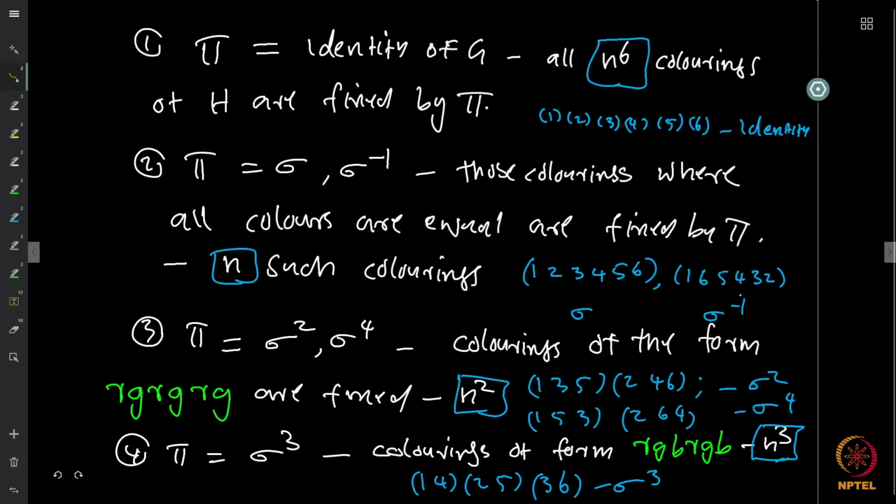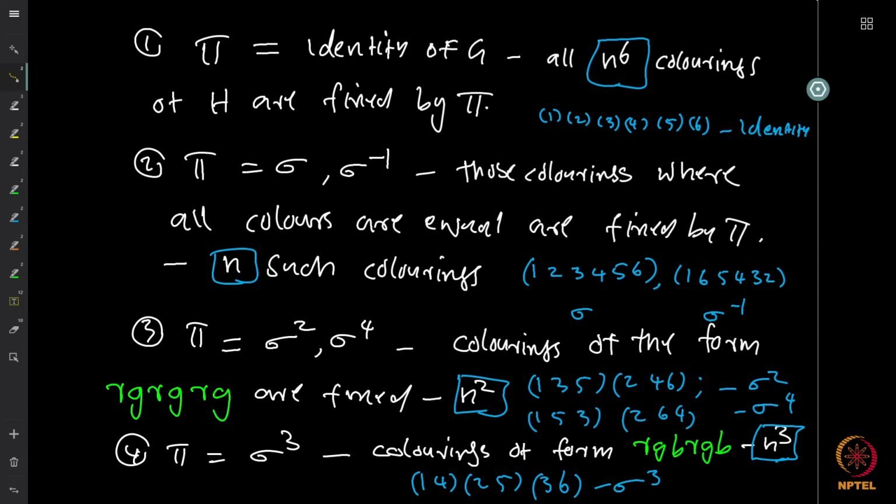For each permutation, you can verify that it is the case. For example, sigma square or sigma raised to 4: sigma square has 2 cycles, so the exponent is 2 for n, n raised to 2. Sigma raised to 4 is exactly the same. And sigma cube has exactly 3 cycles, 1 4, 2 5, and 3 6, and therefore we have n cube colorings.